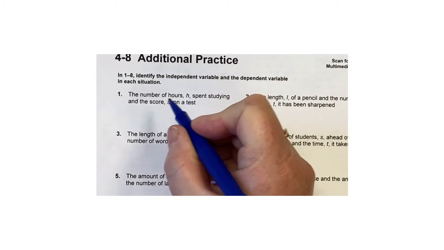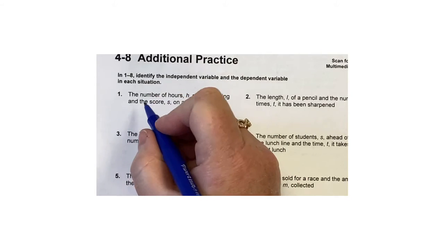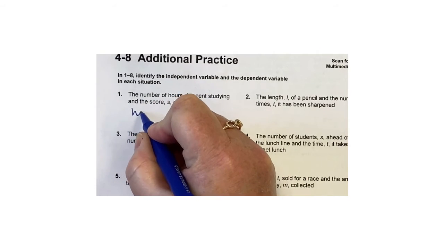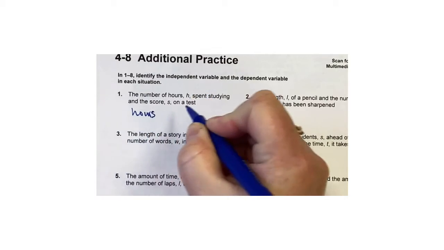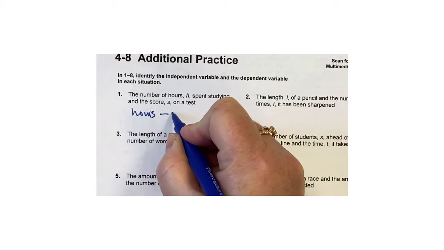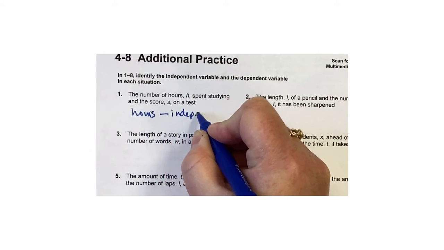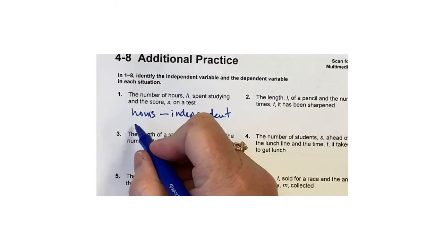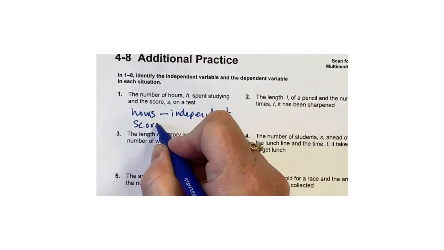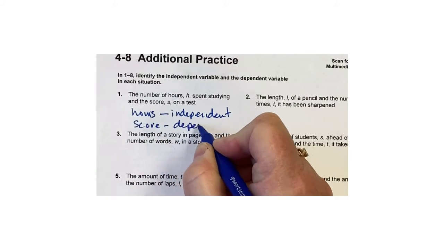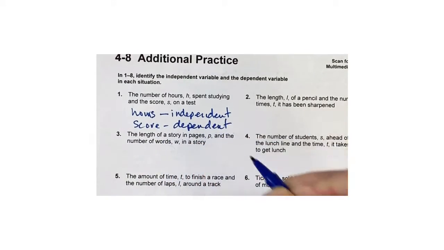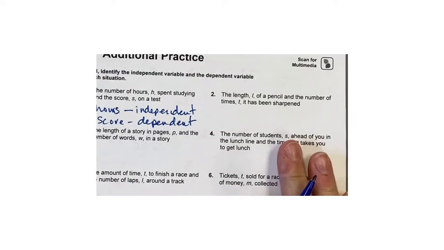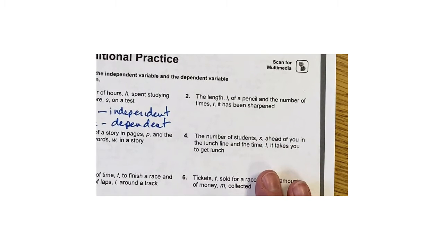So the number of hours is going to be our independent. And based off of the number of hours we spend studying, that will be the score on the test. So that's what could be changing. So the dependent. The length of a pencil and the number of times it's been sharpened.